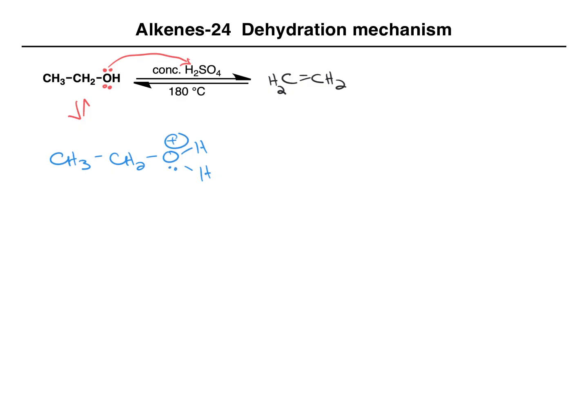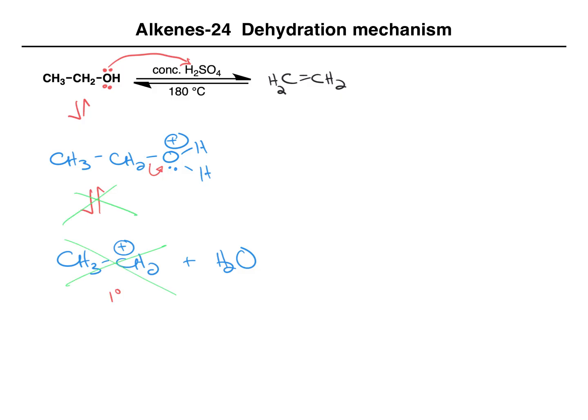as an intermediate. Now, if this is exactly the same as the tertiary and secondary alcohols, then the next step would be water leaving, and that would give us this, which is a primary carbocation. Now we know that primary carbocations are really, really high energy, so this is not going to happen.